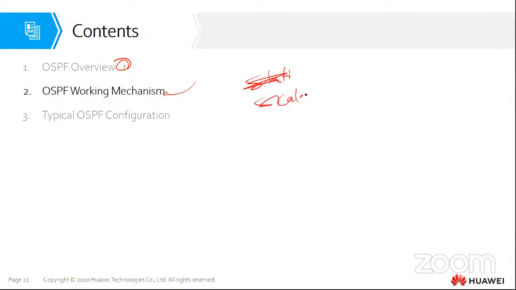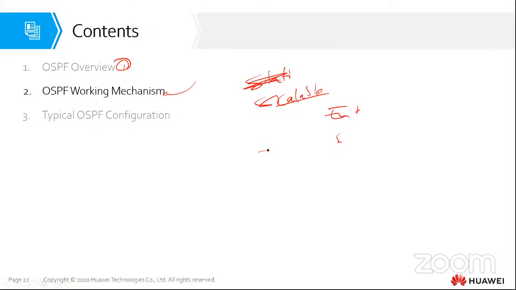How is it capable of being scalable, being implemented on enterprise networks from small scale, medium scale, large scale, and so on? We are going to look at how it establishes neighbor relationships. How does it know this is my neighbor, this is my neighbor? What is the role of the router ID, the priority, and other things, all under the working mechanism of OSPF.